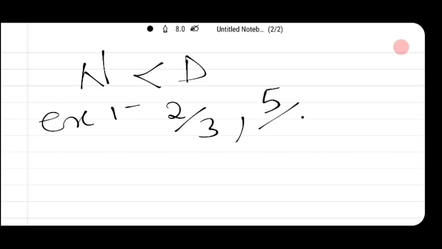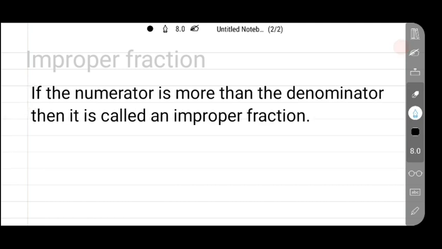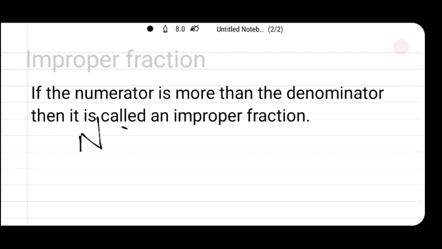The next one is the improper fraction. Here if the numerator is more than the denominator, then it is called an improper fraction. Here the value of the numerator is more than that of the denominator, so it is called an improper fraction.